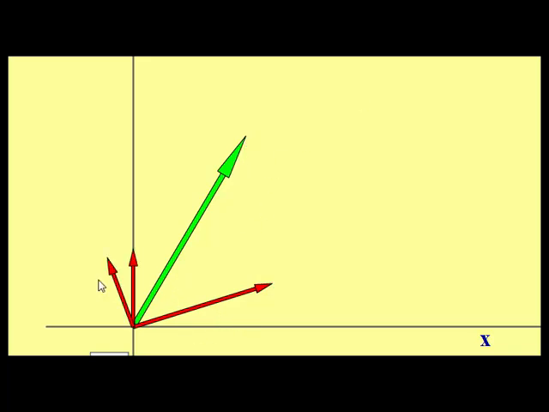And the order you add them should not matter. We should get the same resultant vector no matter how we add them. We could have also started with this guy first, this guy second, and that guy third, still same resultant vector.